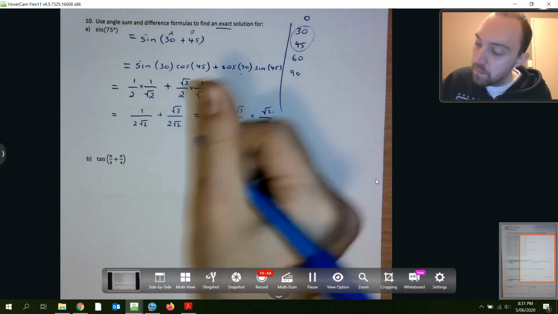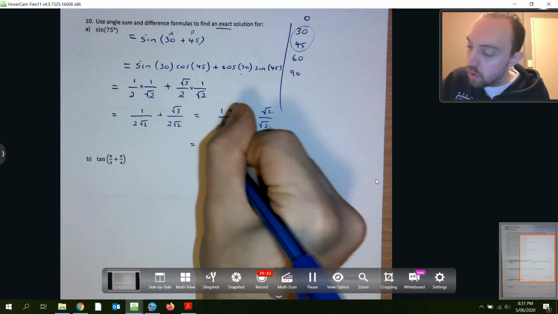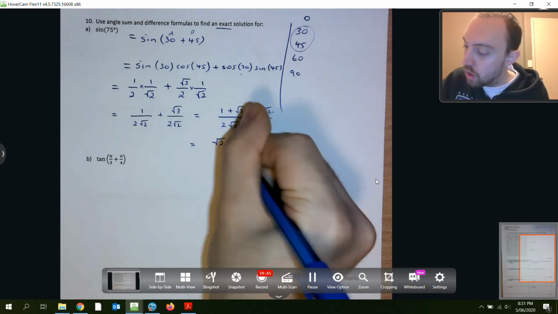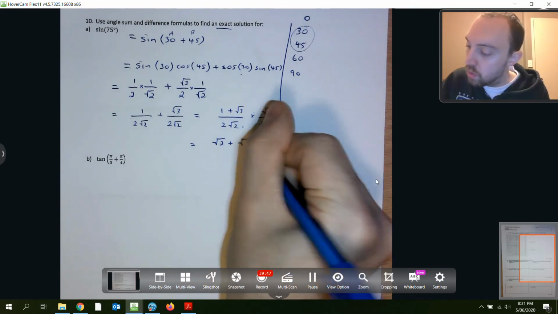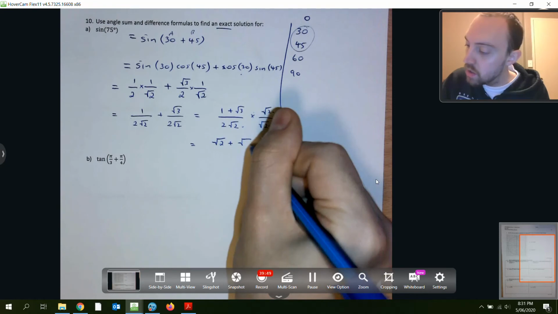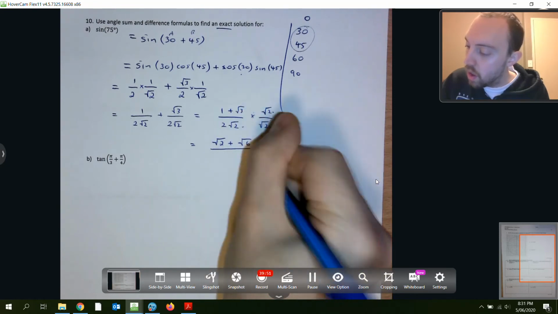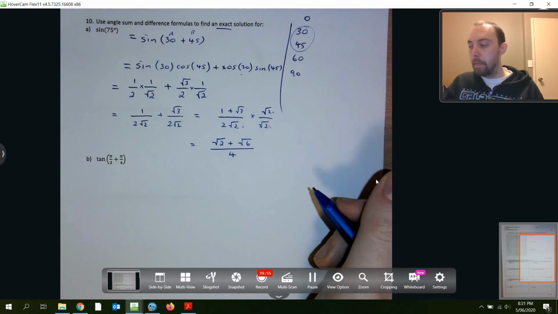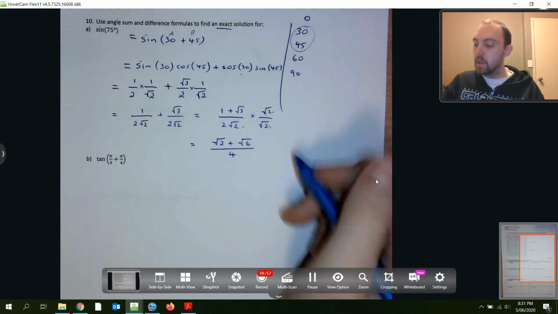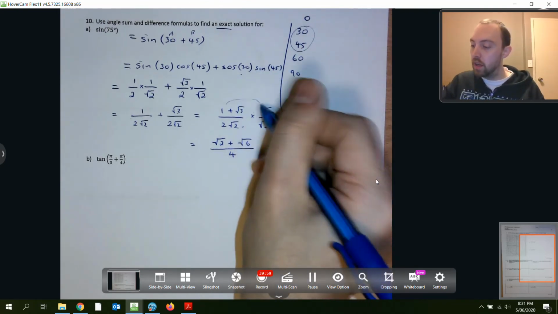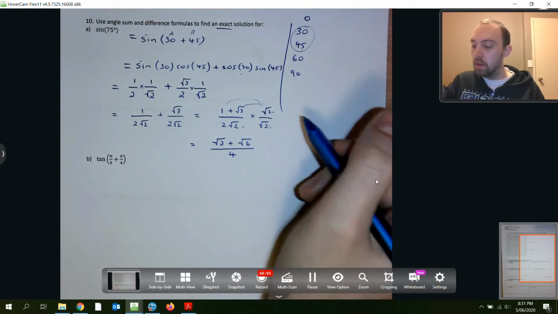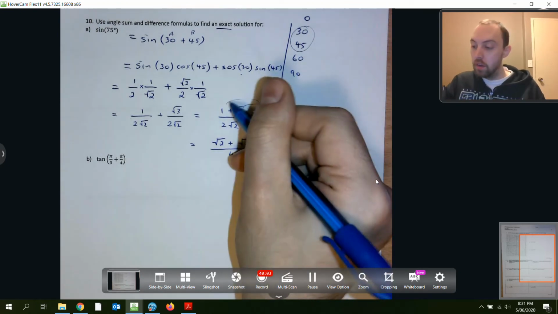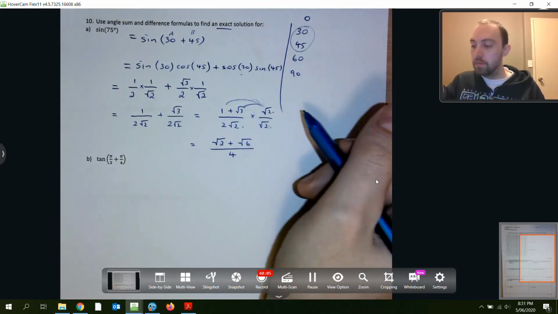Anyways, so we should get root 2 plus root 6 on 4. That root 2 is multiplying both the top and the bottom here. Oh, sorry, both terms on the top.